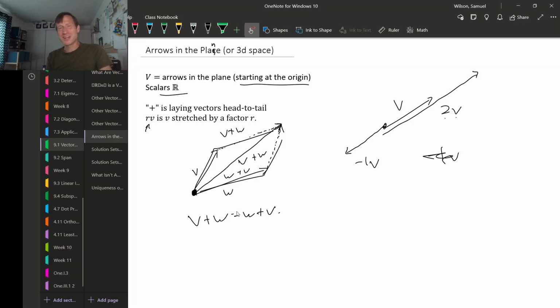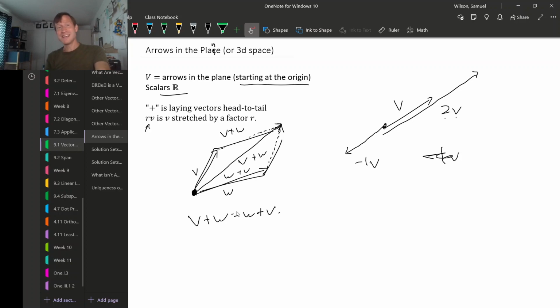We could play similar games to prove all of the other vector properties. I won't drag you through all the details, but if you're unsure of any of them, you should definitely check them for yourself. I think maybe the trickiest ones are probably distribution, although they aren't all that tricky, to be honest.